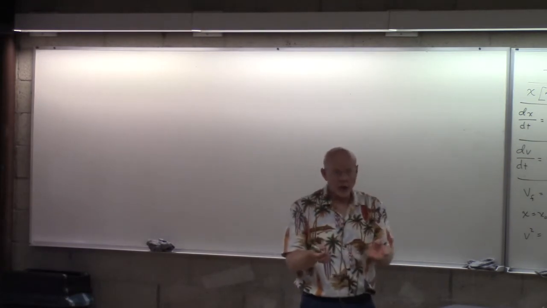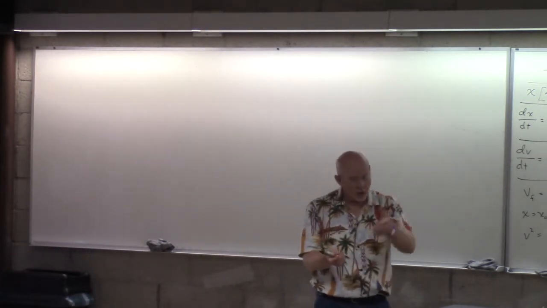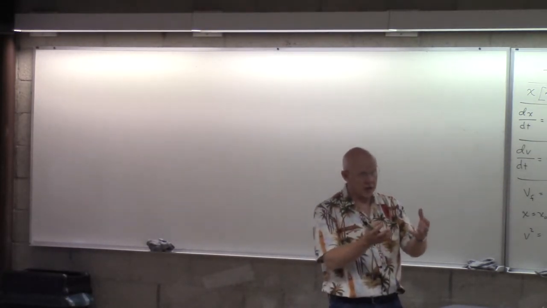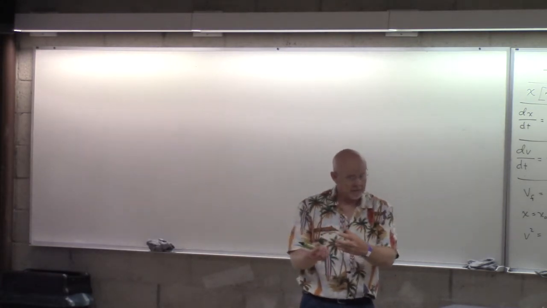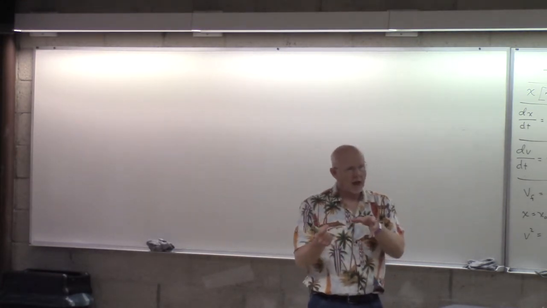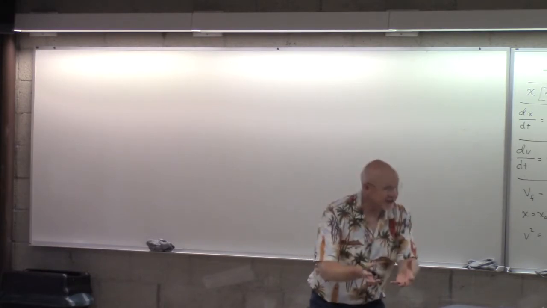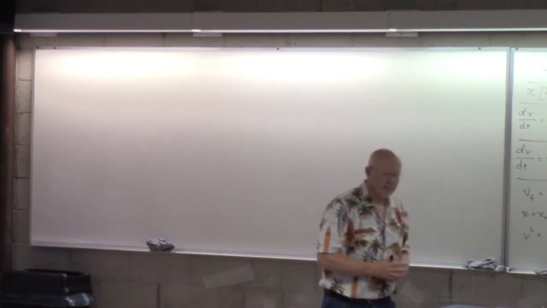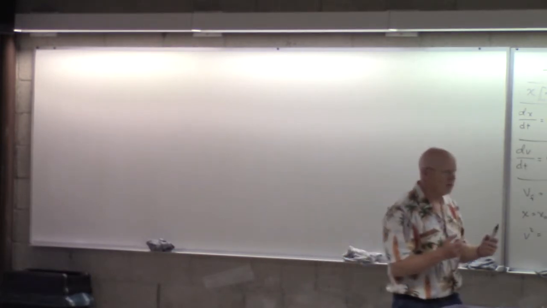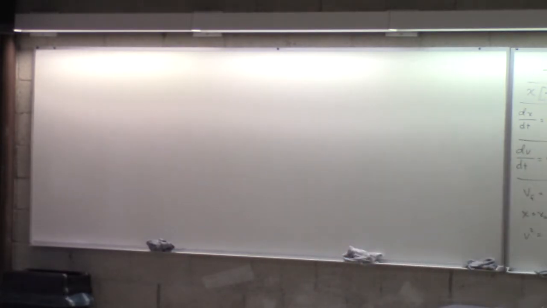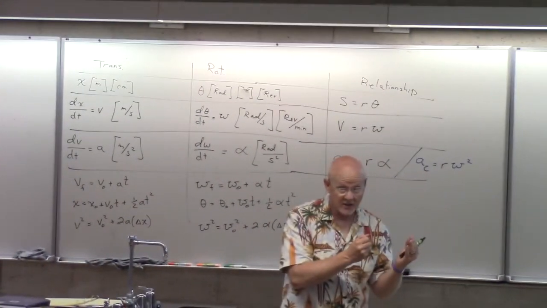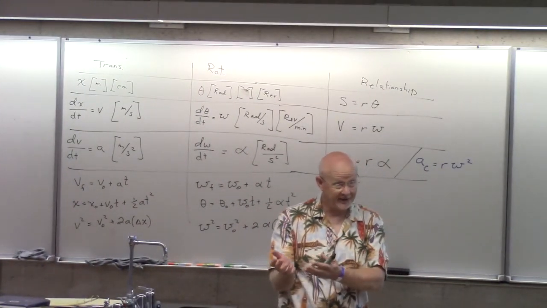Now, we spent 3 chapters, chapters 4, 5, and 6, on Newton's second law, forces and translational acceleration. Any guesses what we might want to replace here? Instead of force, we would have torque.